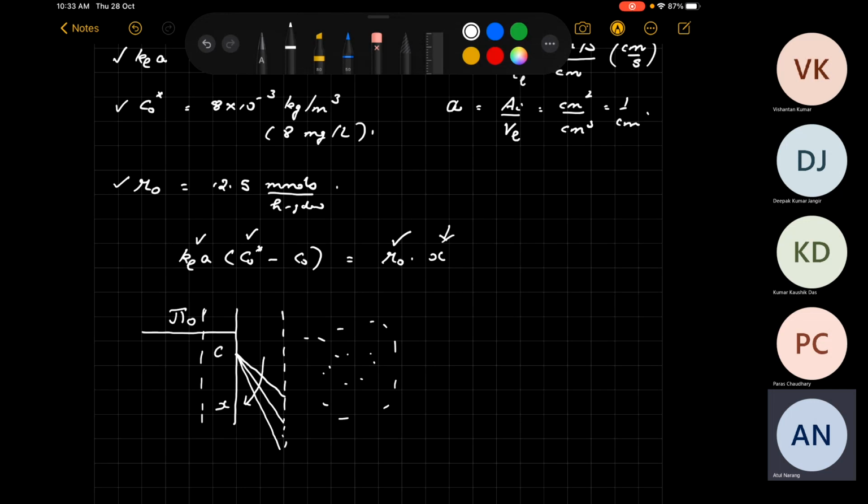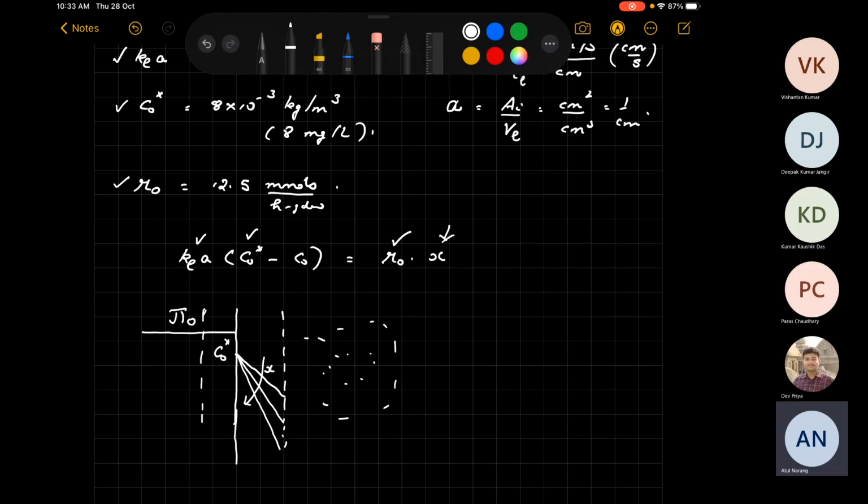So this is CO star. And this is X increasing. And this is the concentration, of course, C. This is the picture that is emerging. This is CO in the bulk phase.